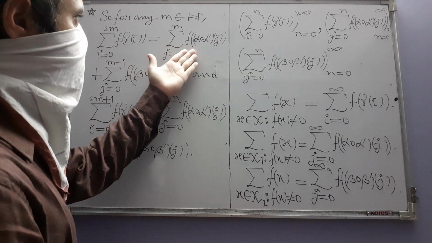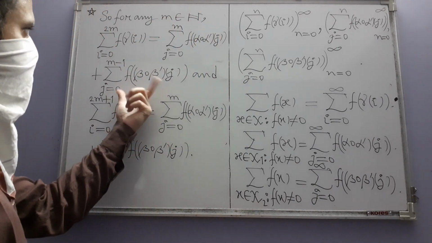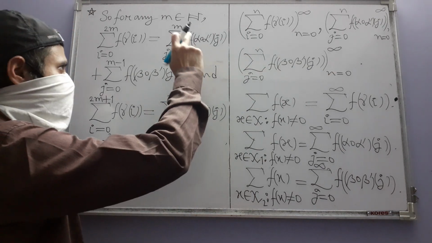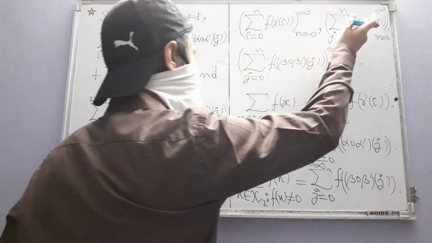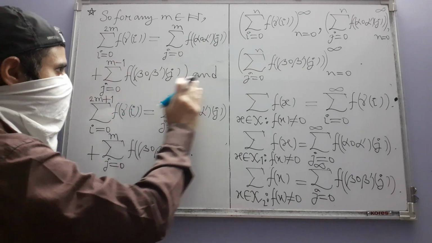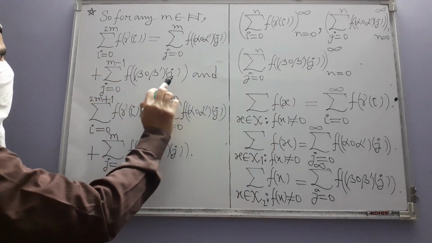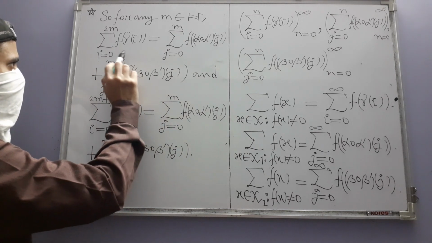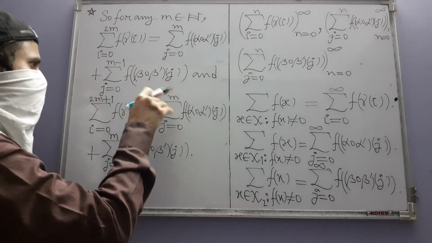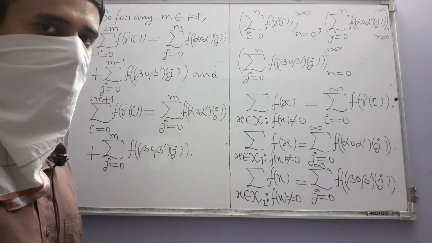That is equal to the limit of this as m approaches infinity plus the limit of this as m approaches infinity. But these are just simply the limit of this ordinary sequence, and the limit of this ordinary sequence. Note one thing, that as m approaches infinity, it does not really matter whether we have m minus 1 or m here. This still approaches the limit of this sequence.